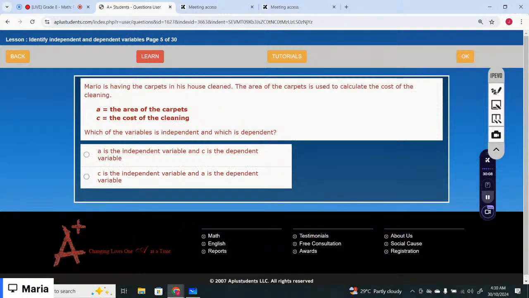Mario is having the carpets in his house cleaned. The area of carpets is used to calculate the cost of cleaning. Which variable is dependent and which is independent? So which is the correct option?